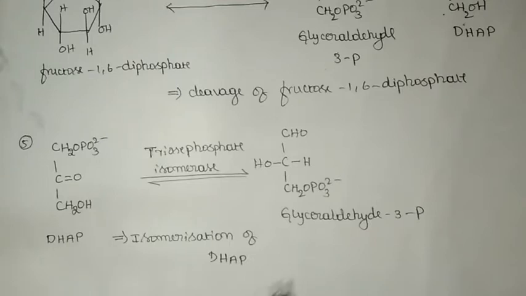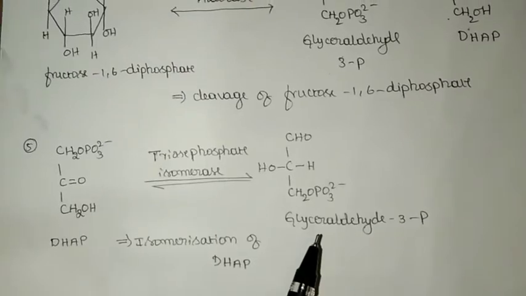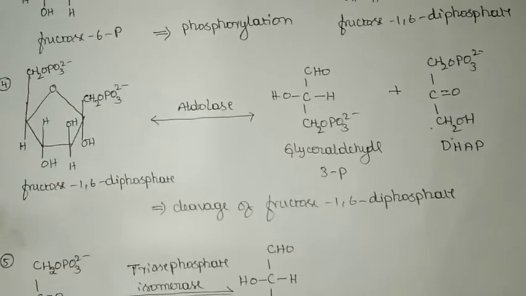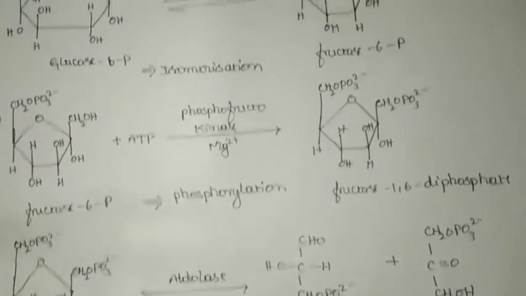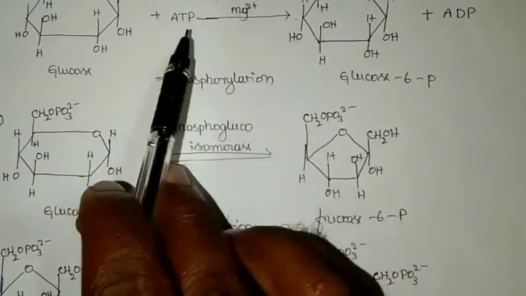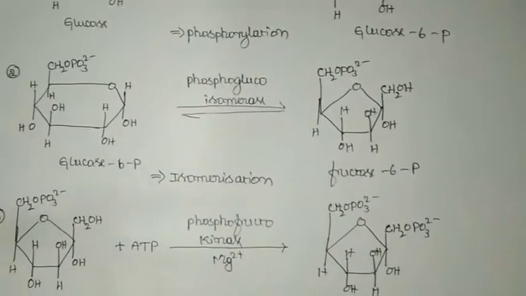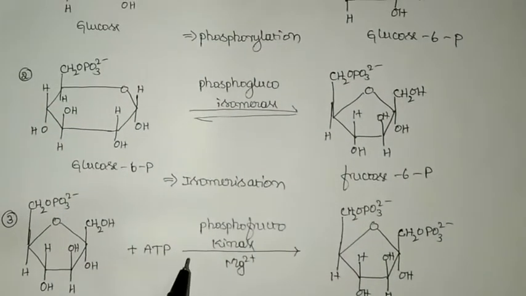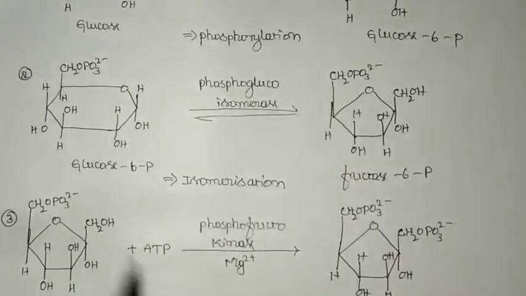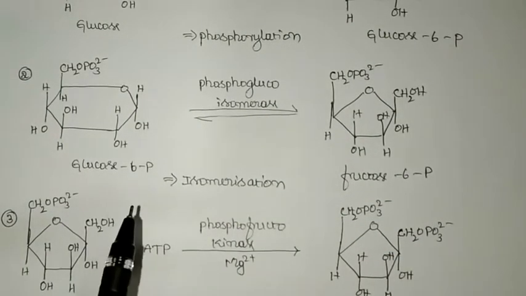So now we have given the first 5 reactions of glycolysis, that we simply call the preparatory phase. And you can notice, in the first 5 reactions there occurs utilization of 2 ATP molecules, in reaction number 1 as well as in reaction number 3. So do remember there occurs consumption of 2 ATP molecules.